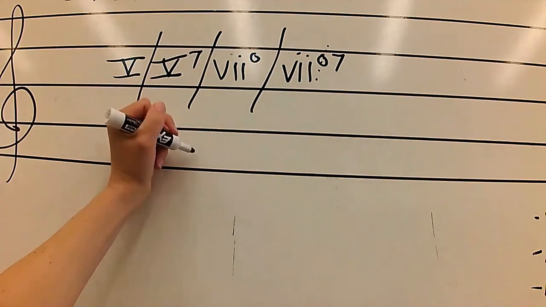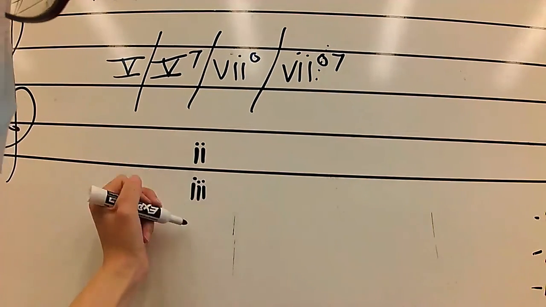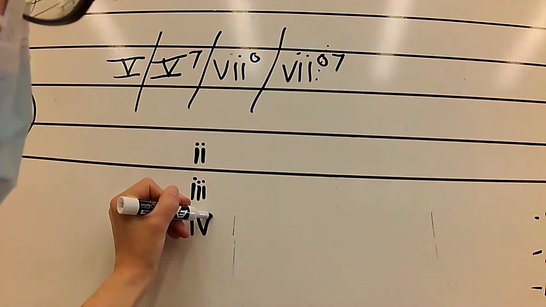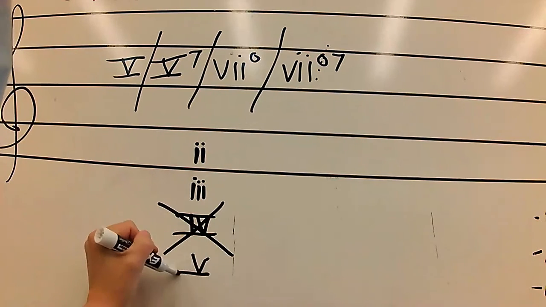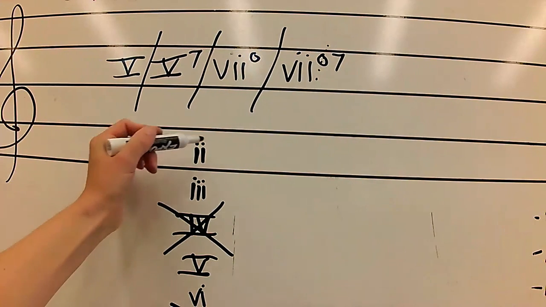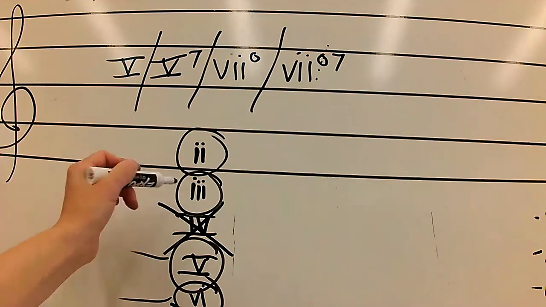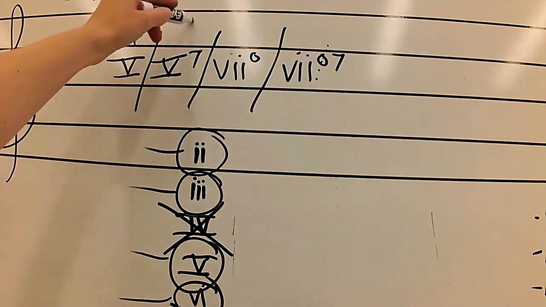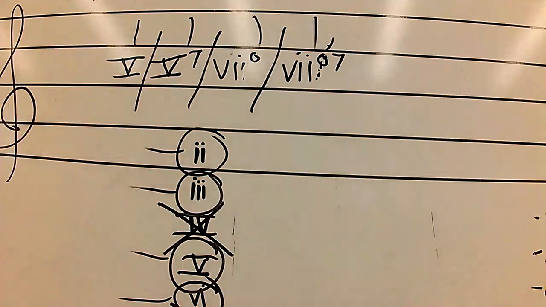Things you can tonicize would be 2, 3, not 4, 5, 6, not 7. So 4 keys to tonicize, 2, 4 approximately with options, dominant chords to pick from to tonicize those.